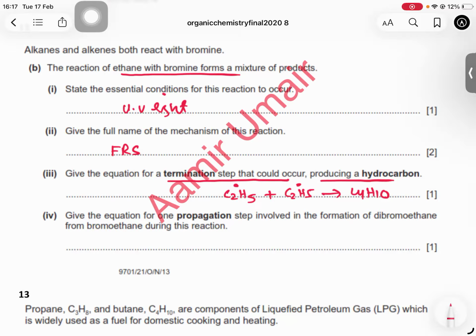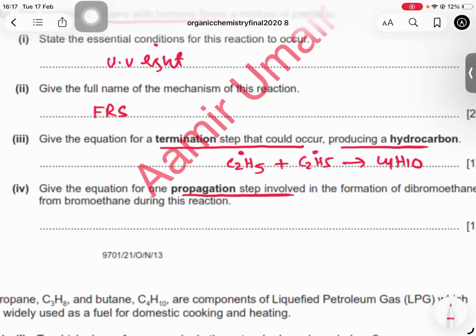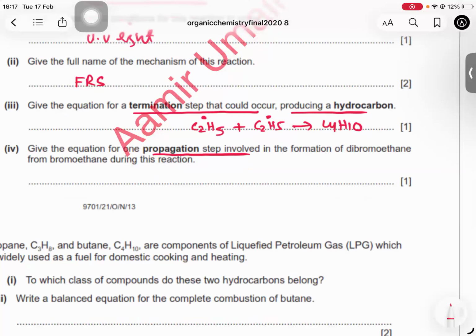Next, give an equation for the propagation step involved in the formation of dibromoethane and bromoethane. Which means we need two.